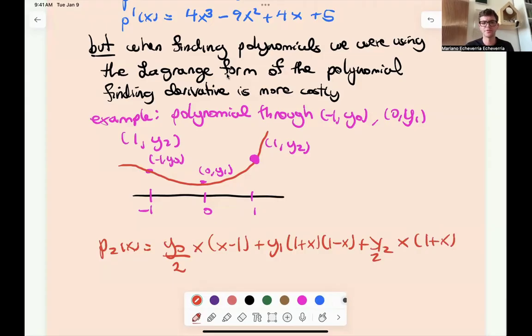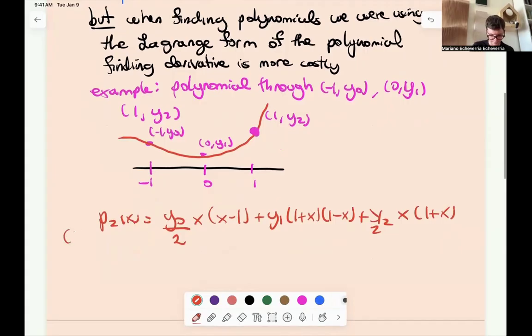Okay, so in Lagrange form, the polynomial looks like that. So this is the Lagrange form.